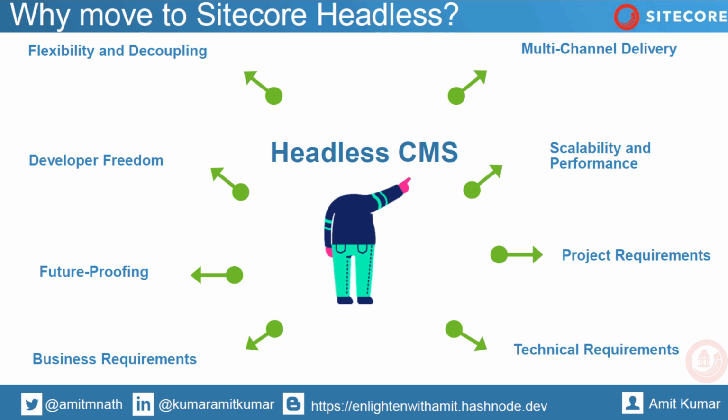What are the pain points you will have in upgrading to the latest version? Or if you are moving to headless, what different code base or customization do you have? And if you move to headless content delivery in the form of an API, what efforts are required? You need to compare those efforts also while proposing Sitecore headless. Those are the things you can consider or use as data points while presenting your case in front of your technical team or the organization.